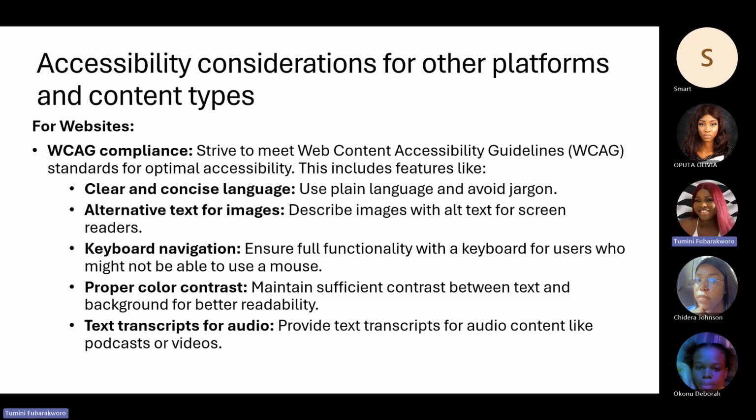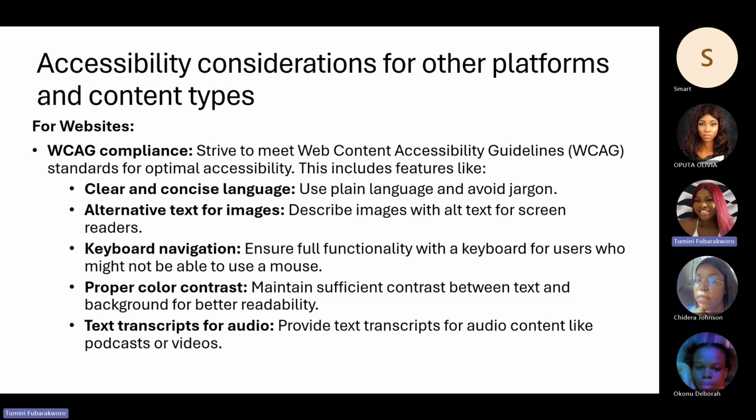So WCAG compliance includes clear and concise language, alternative text for images, keyboard navigation, proper color contrast, text transcript for audios. So for clear and concise language, you have to make use of plain language and avoid jargon. For alternative text for images, it describes images with alt text for screen readers.